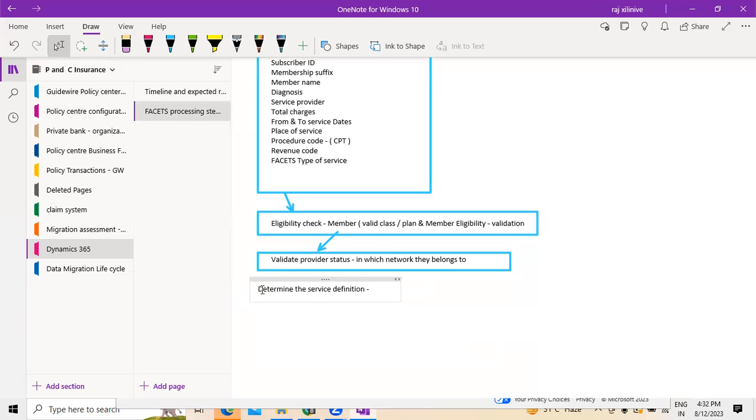Service definition has to be determined here because this is majorly used to determine the price of it.